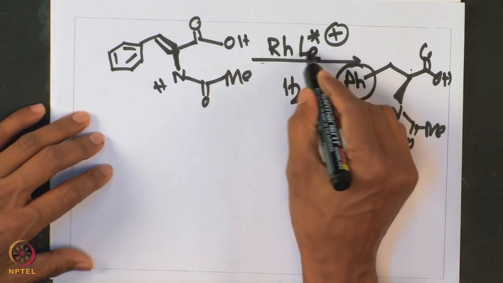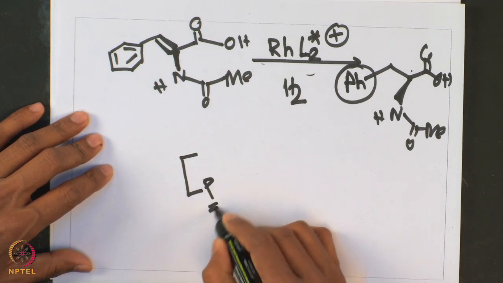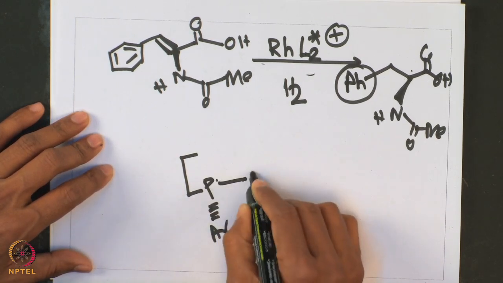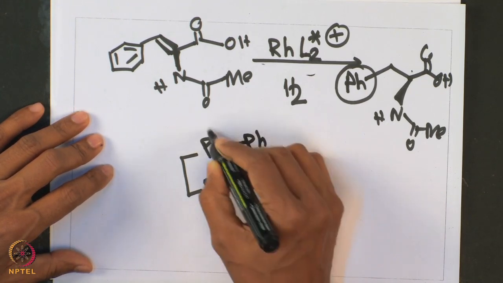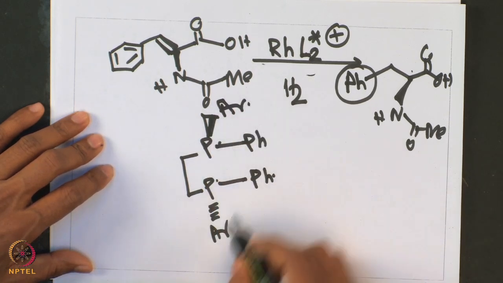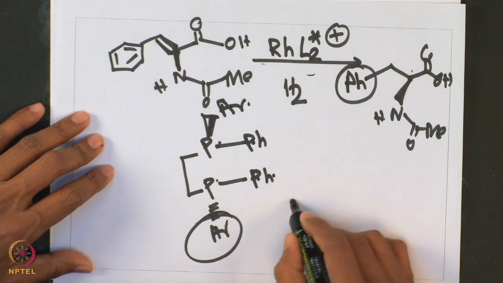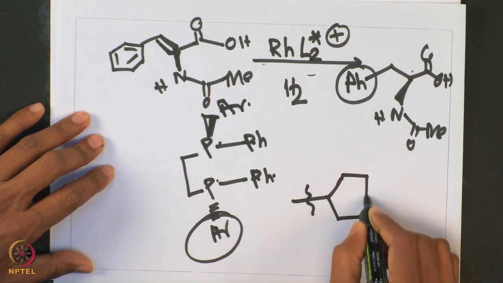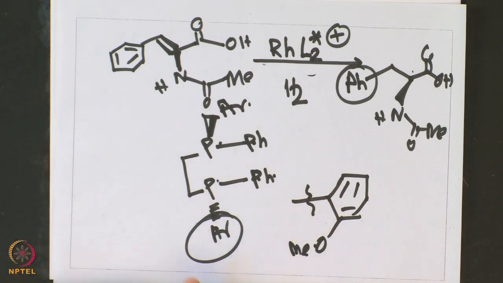Now, the ligand used in this case is the bisphosphine ligand, where you have the phosphine center being chiral, and these aryl groups, for example, this is a phenyl, this is a phenyl, these 2 are aryl. This aryl group could be like ortho-methoxy phenyl and so on.